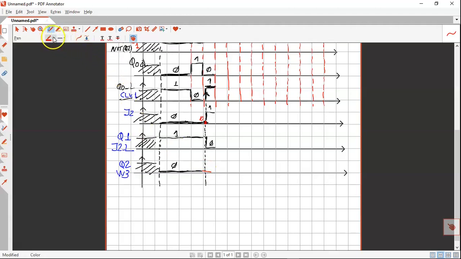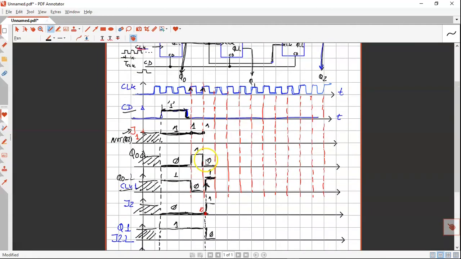So now you come back to the black ink. So because of the 0, you know, this one is not going to change for a full period of time. So now, because you've got a 0 here, you are sure that the J1 is 1 again for a full period of time.